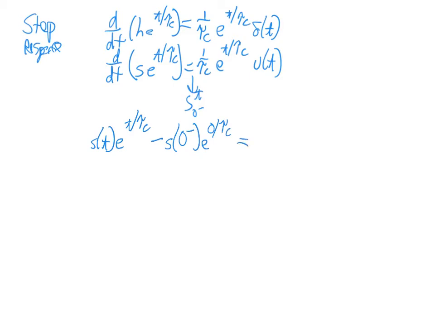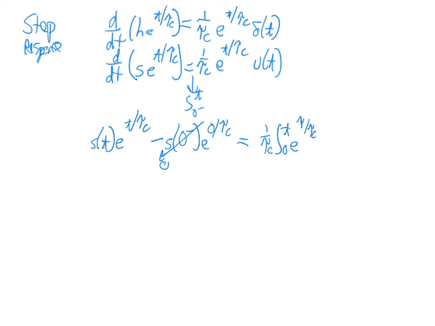Now, the step response is going to go to 0 on the left-hand side because the input has not occurred yet. On the right-hand side of this equation, when the value of t is greater than or equal to 0, I am going to have 1 over tau c integrating from 0 up to t of that integrand, e to the, let's call the variable tau here.